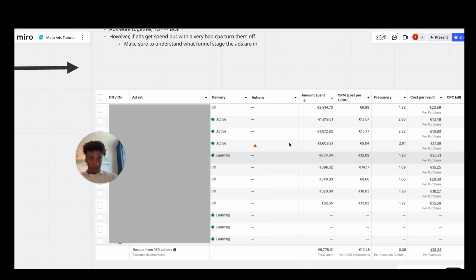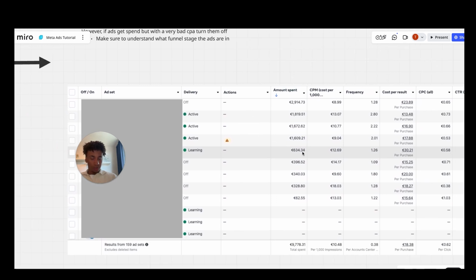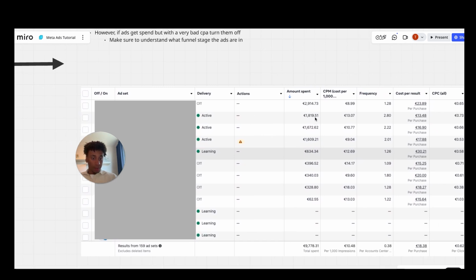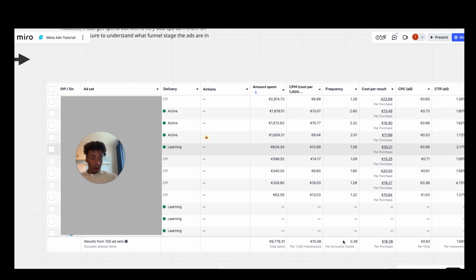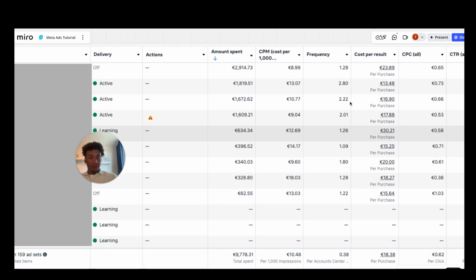For example, you can see here our ad account. I just took a random time in our ad account, and you can see that the average CPA of this campaign was 18 euros. However, our top spending ad actually had a much higher CPA of almost 24 euros. But what you can see here as well is that the frequency of this ad was very low.